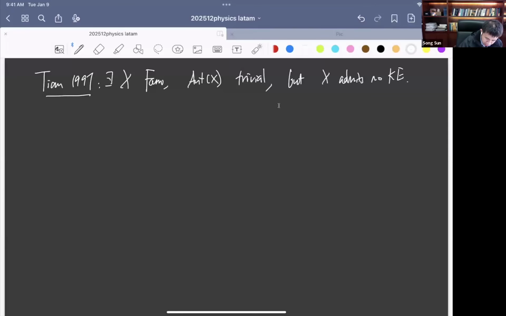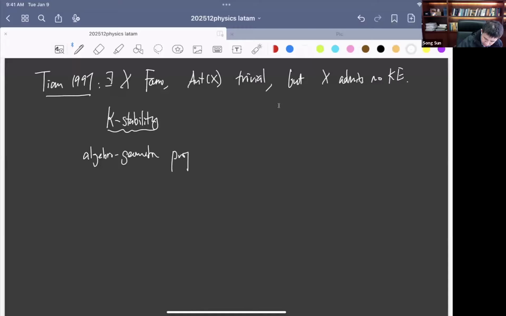And then Tian introduced what is called K-stability as an obstruction to this, and this was later put much more generally in algebraic geometric terms.